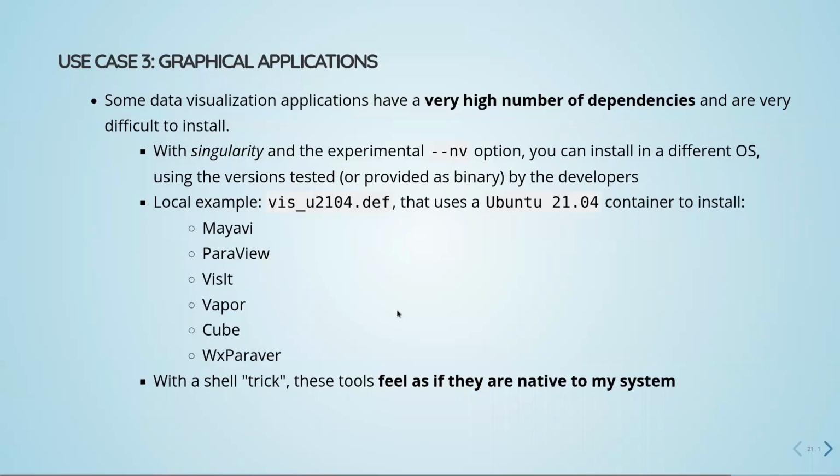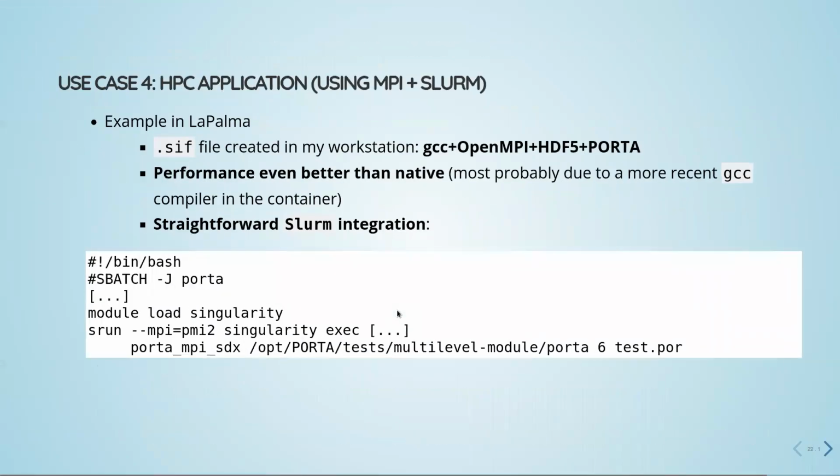Another useful thing that I use from time to time is that Singularity merges quite nicely with MPI and with job schedulers like Slurm, for example. In this case, I was running an example.